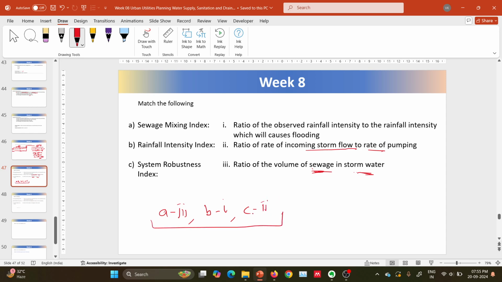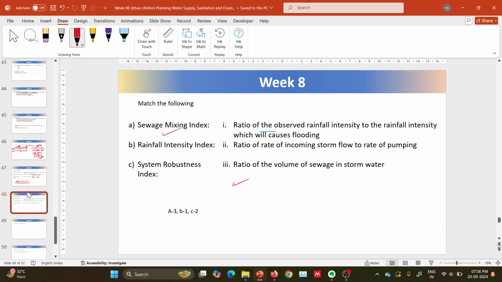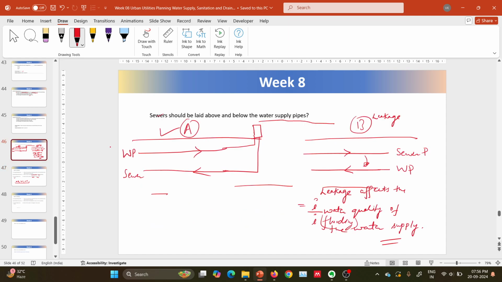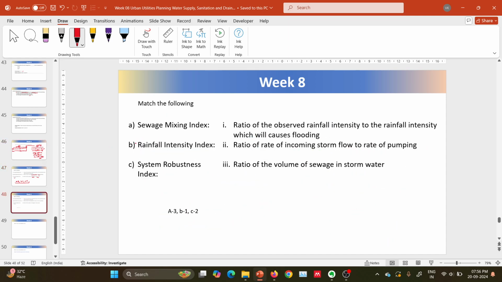This is the answer. Robustness is decided based on the ratio of the rate of incoming storm flow and the rate of pumping. It should be less actually. This is the answer.